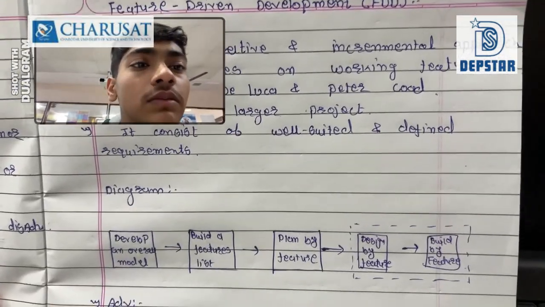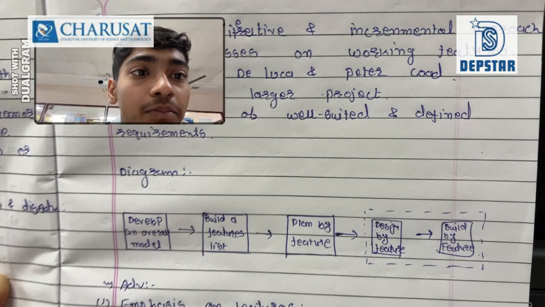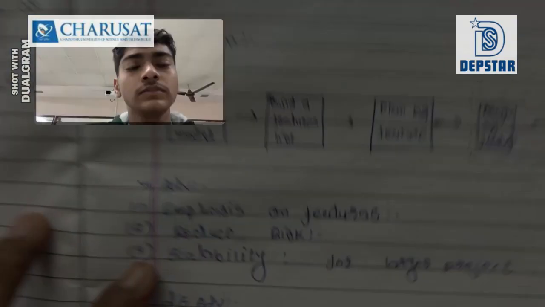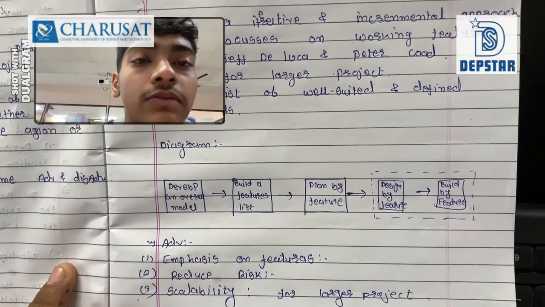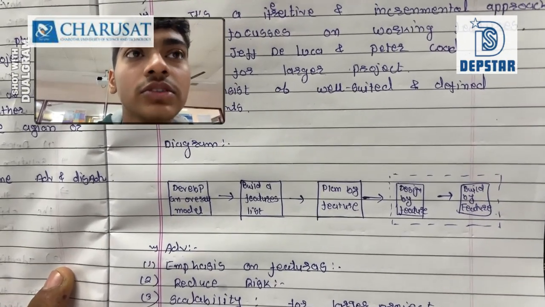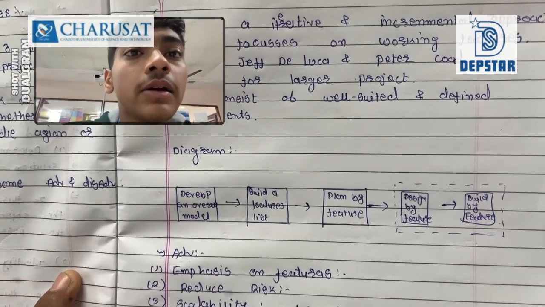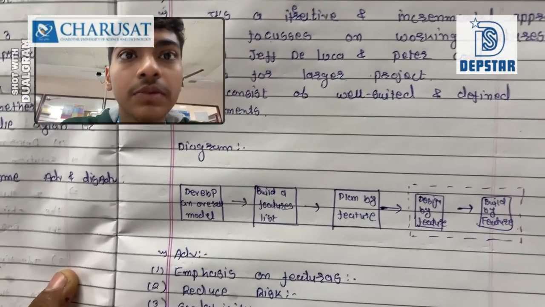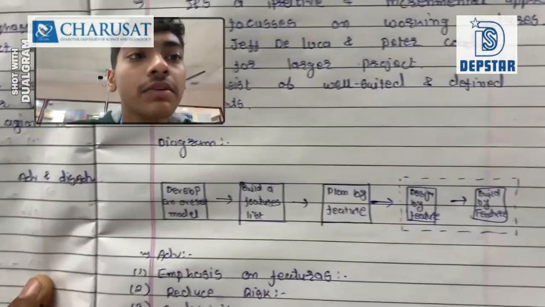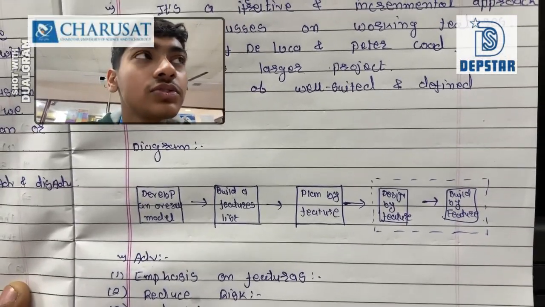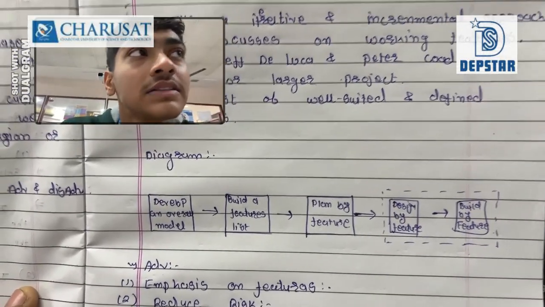In the fourth step, design by feature, all the teams design our features as per the requirements. It is an incremental, one by one process: after designing one feature, we jump to the next feature.